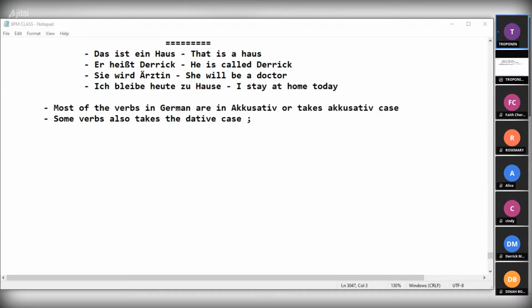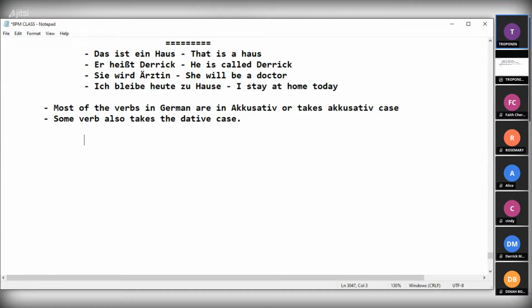So okay. If it is like that, I don't want to list these verbs. Some verbs also take the dative case.